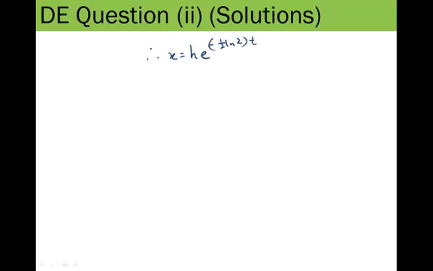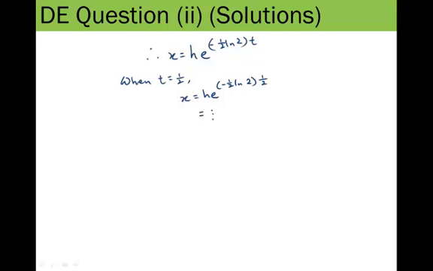The last part of this question requires me to find the value of x when t is equal to half. So when t is equal to half, we have x is equal to h e to the power of negative half ln 2, whole thing multiplied by half.